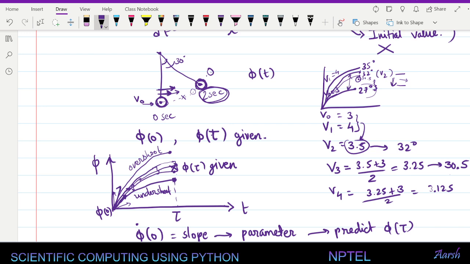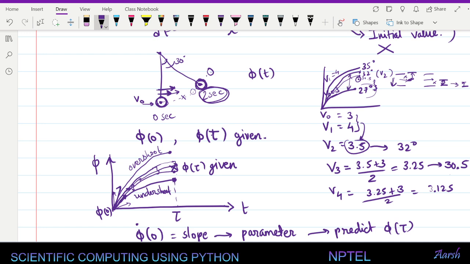If you undershoot, then the next interval is going to be the midpoint and the overshot point, because the target is somewhere there. And if you overshot, which means your target is here, then the next interval is going to be the undershot point and the midpoint. So this way you keep on doing the bisection method.